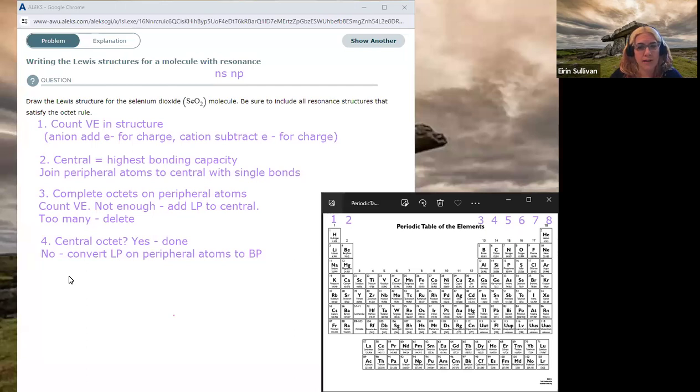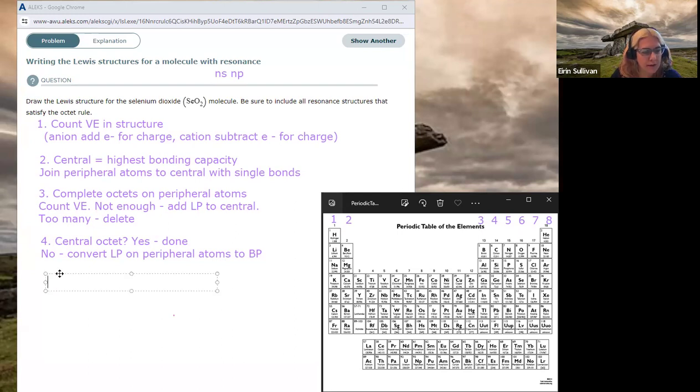So we call this a resonance hybrid. It's like an average of all the possible resonance structures in our Lewis model for that particular molecule or polyatomic ion. So just remember that the electrons are constantly moving around and switching between these different possible resonance structures at all times. We can't just take a snapshot and say, that's what the structure is, because electrons don't do that.